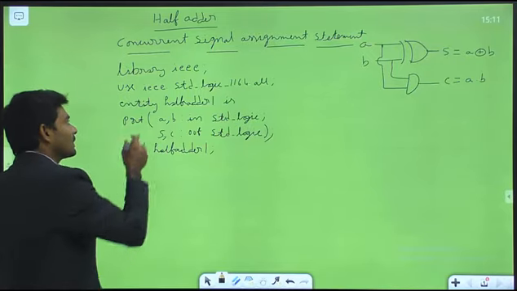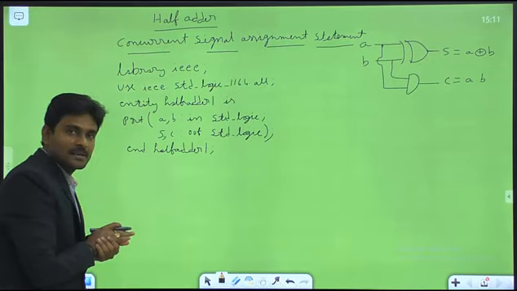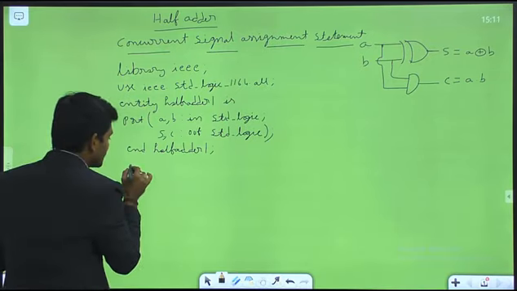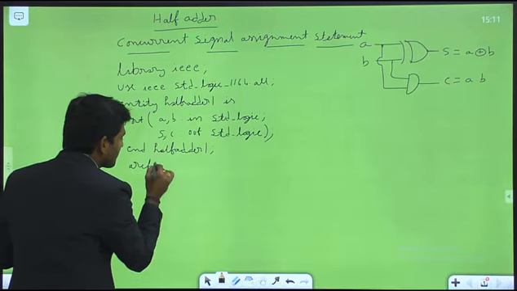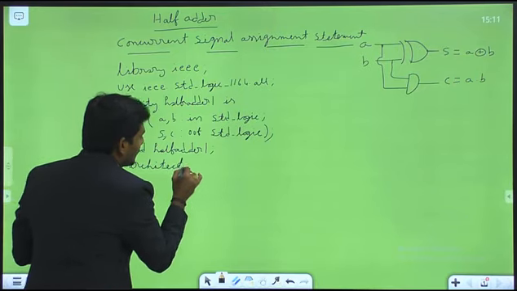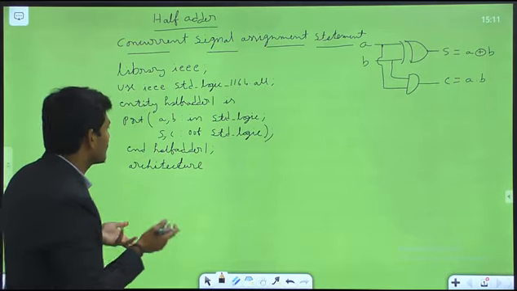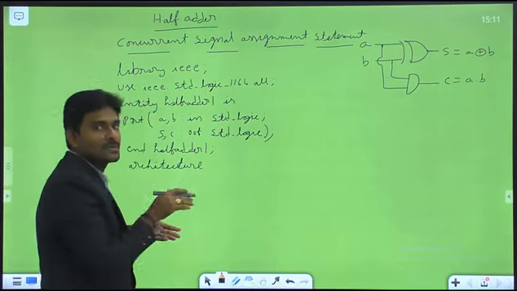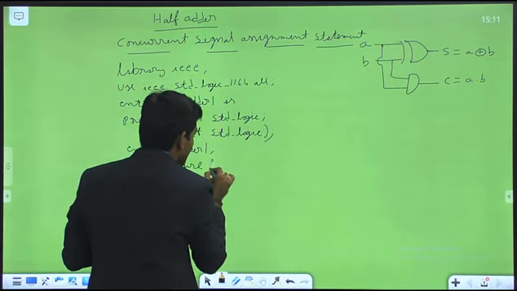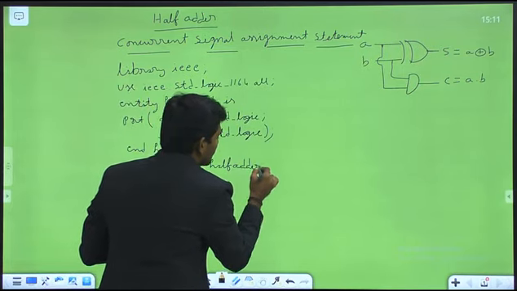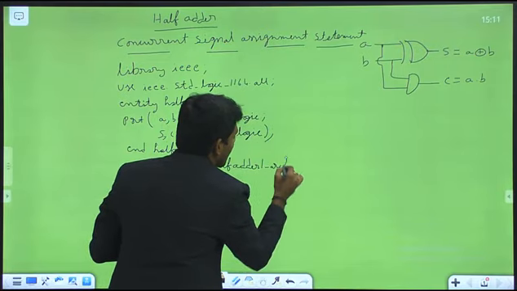Next, after the entity declaration part, we write the architecture definition. It starts with the keyword architecture, then the architecture name. In general practice it is the entity name underscore org, the same way, half adder 1 underscore org.